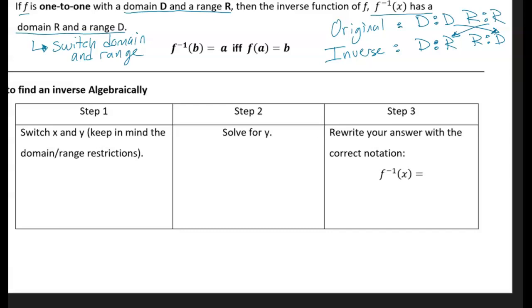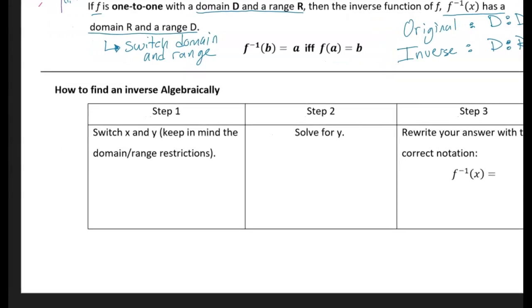Okay, so we have 3 steps here for finding the inverse algebraically. Now what they don't say, and I like to call this my pre-step, is that if we have a function defined as f of x, or in any sort of function notation, we need to first change f of x to y.